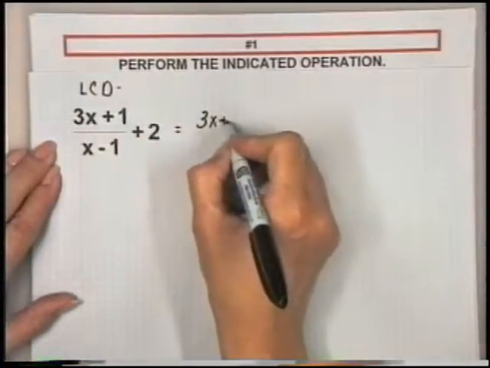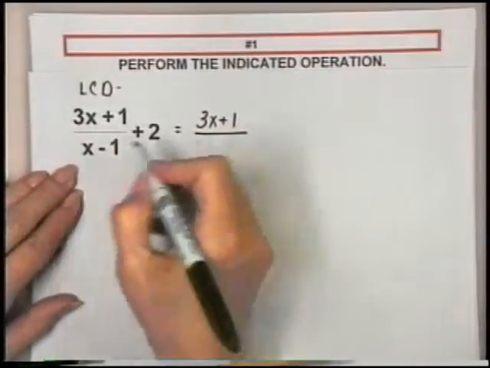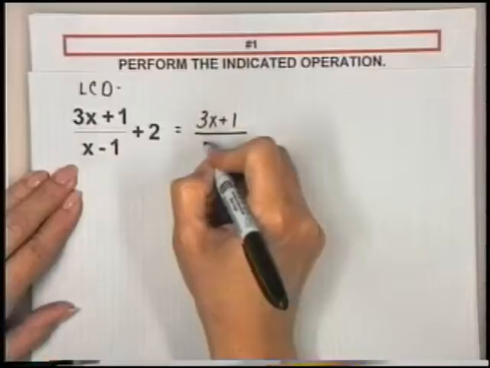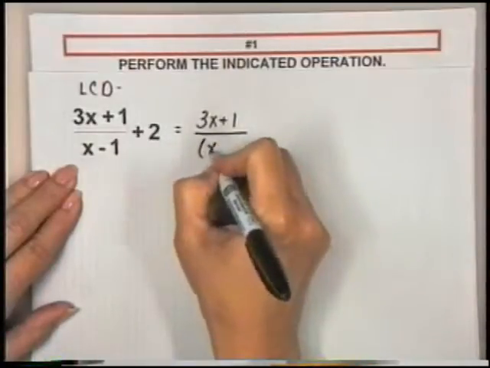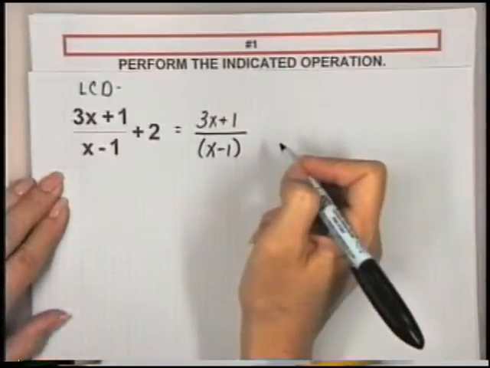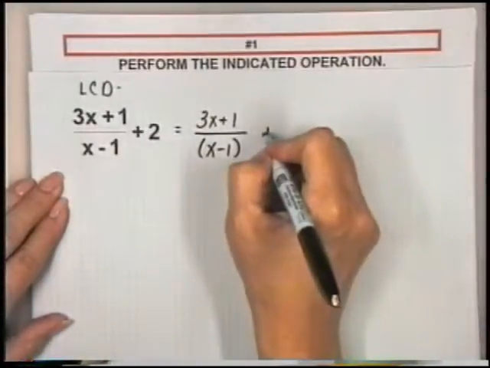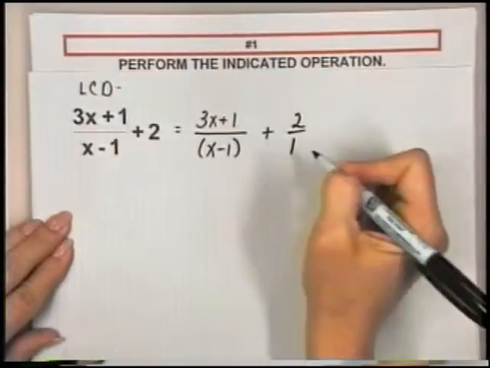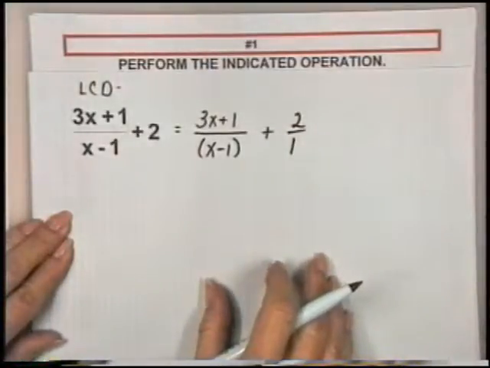We will write 3x plus 1. We will look at the denominator. We will factor the denominator. This denominator is a prime factor, so we will write x minus 1 in parentheses as a factor. We will take the 2 and write the 2 over 1.